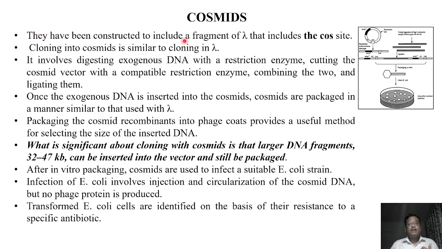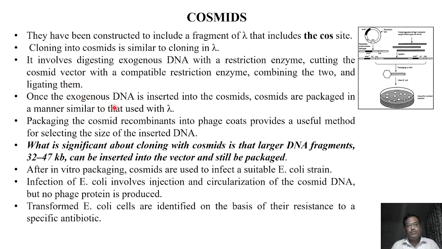They have been constructed to include a fragment of phage that includes the COS site. Cloning into a cosmid is similar to cloning in phage. I already told you there is no difference as far as the technique is concerned. It involves digesting exogenous DNA with a restriction enzyme, cutting the cosmid vector with a compatible restriction enzyme, combining the two, and ligating them.